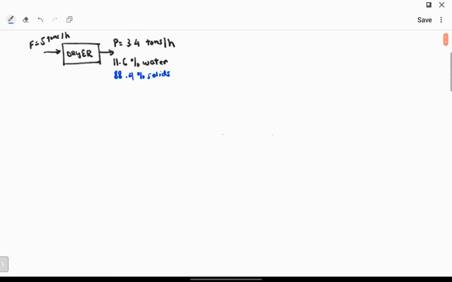Yung kanilang composition ng water and solids, in terms of percentage, malamang iba. Pero ang alam natin dito, kung gaano man karami yung solids dun sa product, which we can calculate, because we know the percentage, ganoon din kadami yung solid doon sa feed natin. So ilagay ko lang din sa feed yung kanyang composition. It's also water and solids.